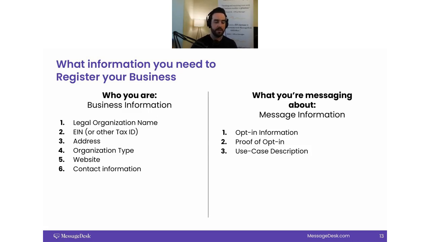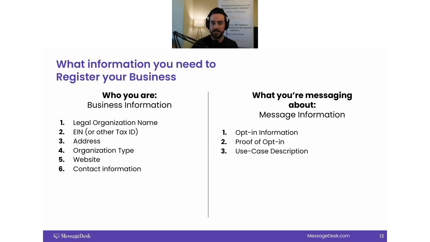And then they're going to want a use case description. Basically just a description of why you're using text messaging altogether. So it can be as simple as I am a hairdresser who is using text messaging to send appointment reminders to my regular clients. Completely would suffice on registration.